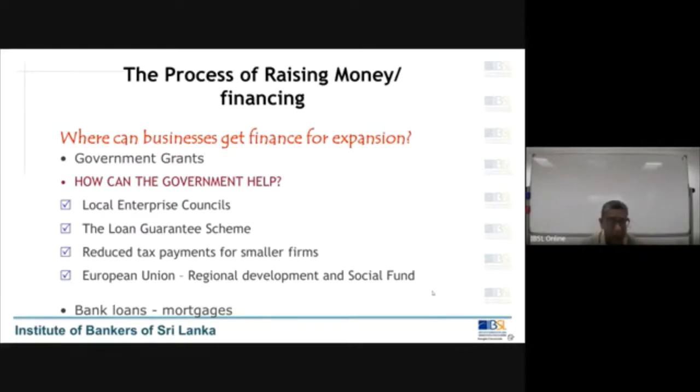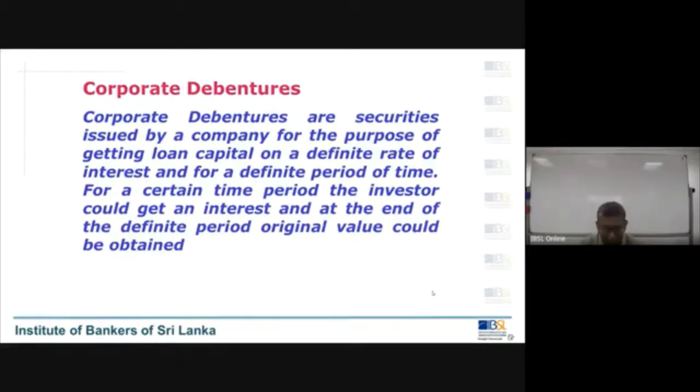Then, of course, the fourth method is bank loans. You can take a loan against mortgages, providing property or something. You can obtain loans for expansion.